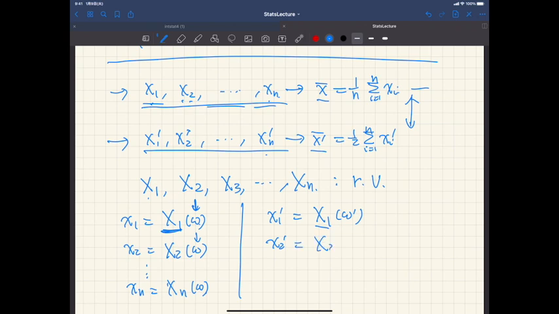So x2 prime is a realization of the same random variable x2, but with a different outcome. Again, this omega prime and this omega prime, they are the same thing. And same way, xn prime is a realization of this random variable with omega prime.